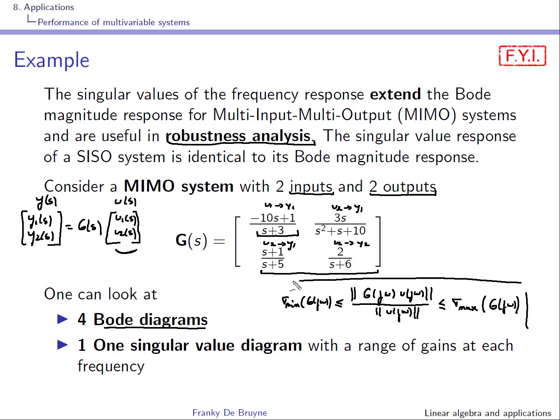And this leads to the singular value response. What you'll get is something similar to a Bode diagram with 2 curves on it: the highest gain and the smallest gain at that particular frequency.